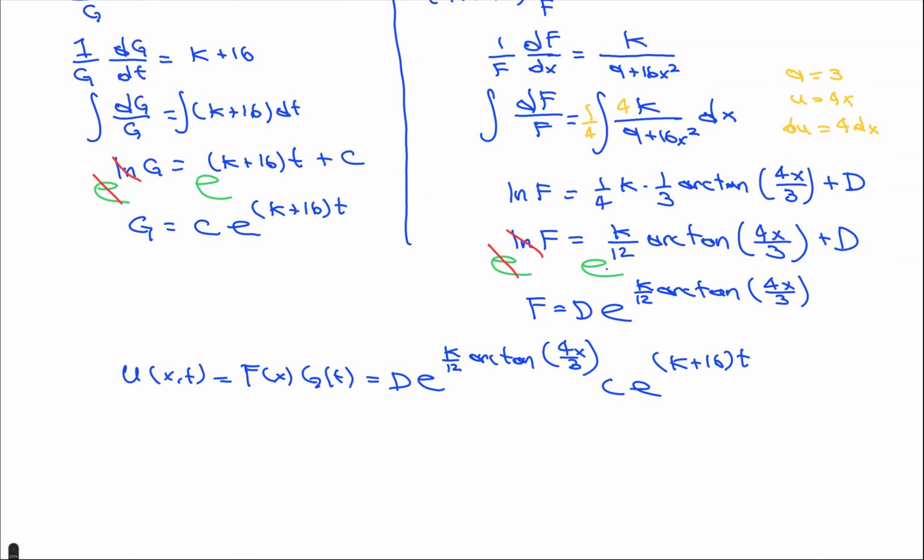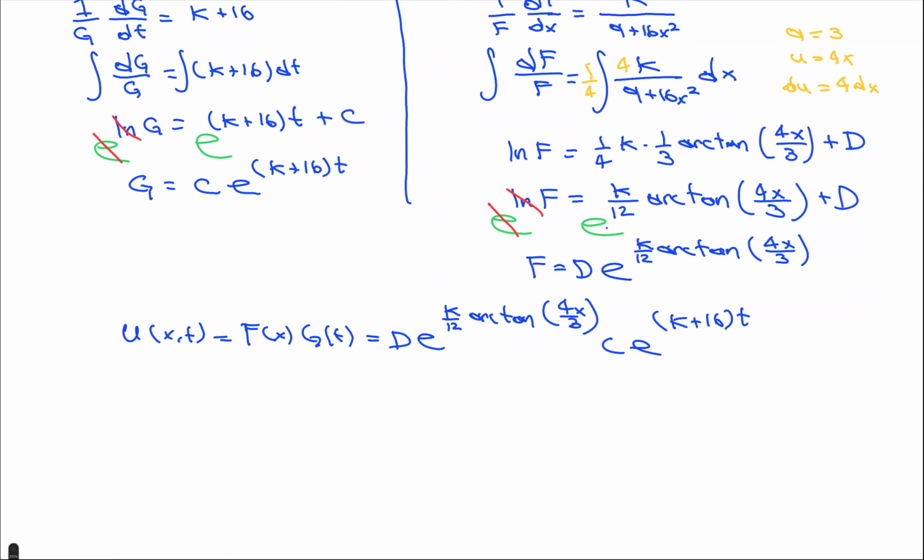And we can combine the two exponentials together, and also we could absorb these two constants of integration into a single one. Let's call that simply a. That's actually going to be our u of x,t, and that's e to the k over 12 arctan of 4x over 3.